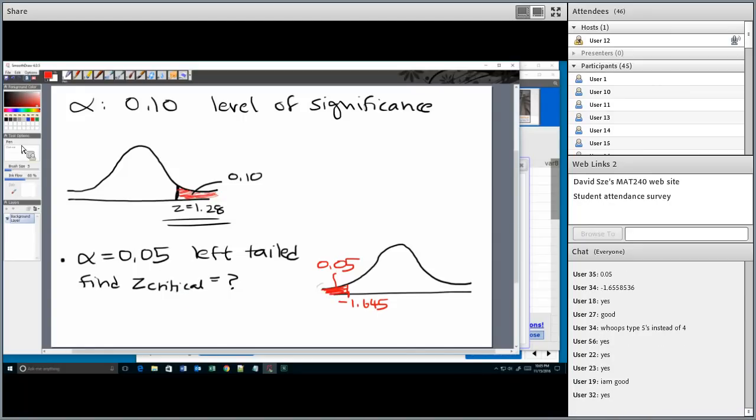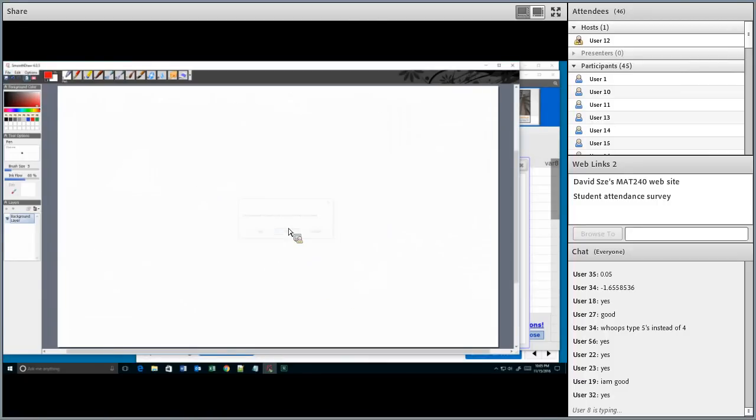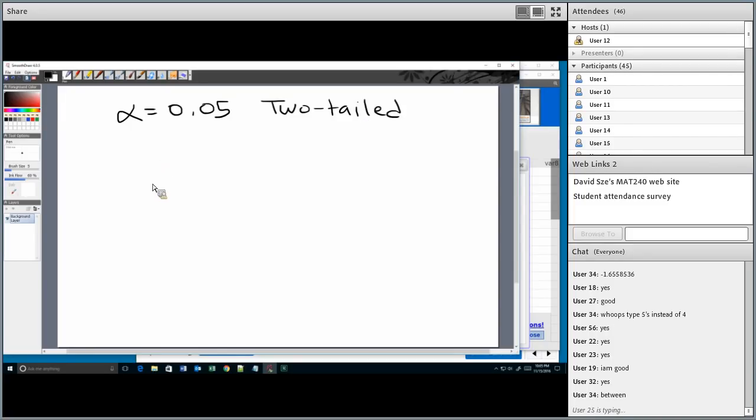Okay, good. But here's a trick question that I'm going to give you now. What if my alpha is 0.05, and now I have a two-tailed test? So it's not the right or the left tail, it's two-tailed test.